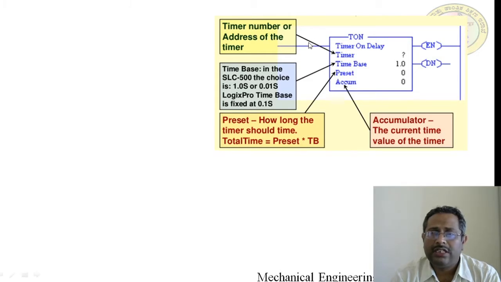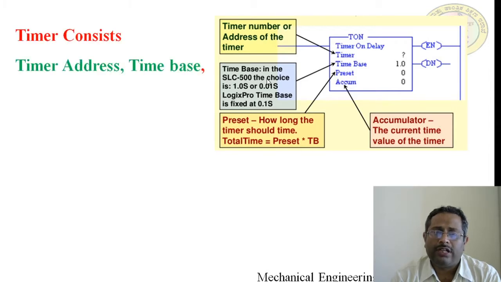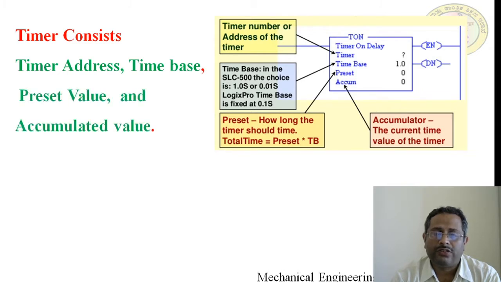This is the figure or symbol of the timer we use in a ladder diagram, and the timer consists of four parts: timer address, time base, preset value, and accumulated value. We will discuss them in detail in the upcoming slides.